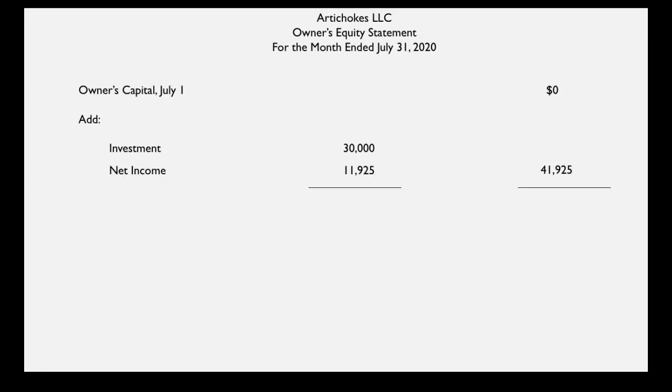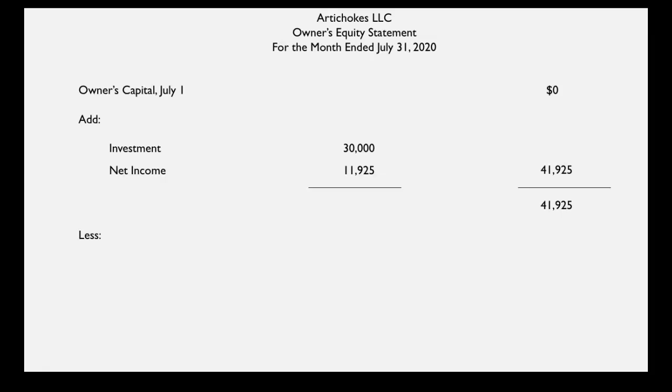In this case, it's 0, so we just write out $41,925 again. But know that what you're doing in that step is adding those numbers together. 0 plus $41,925 gets you $41,925.